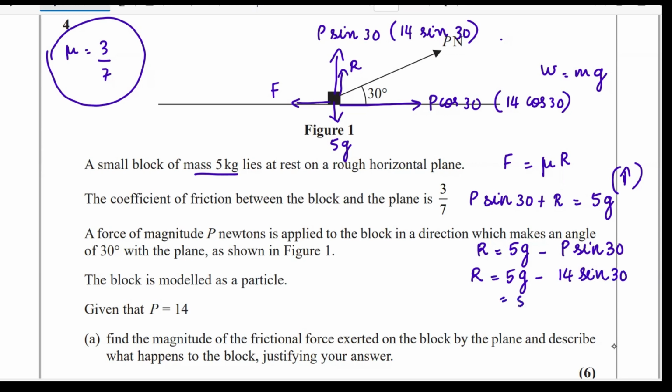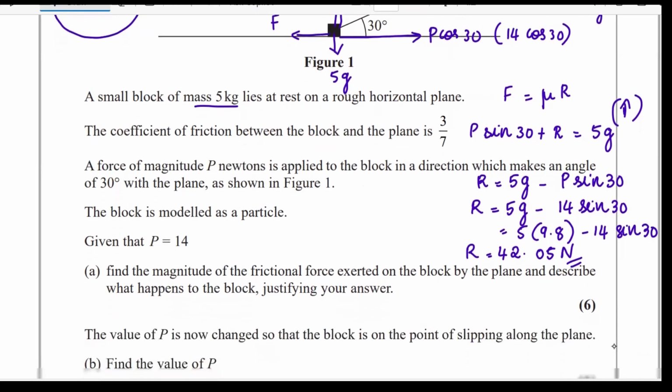So 5 into 9.8 minus 14 sin 30. When we put this in the calculator, you will get the value for R as 42.05 Newton.